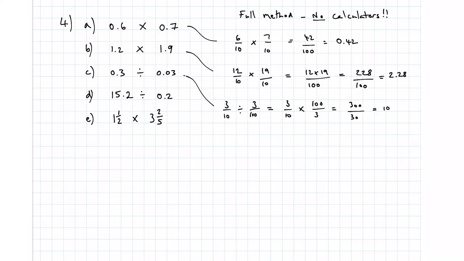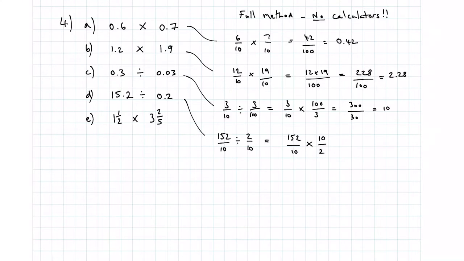Question D. 15.2 divided by 0.2. Well, 15.2 is 152/10, and 0.2 is 2/10. And I'm going to do the same thing: keep, change, flip. Now I'm going to do something quite clever.